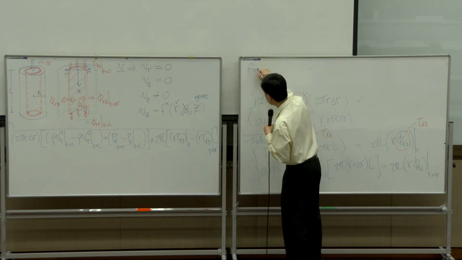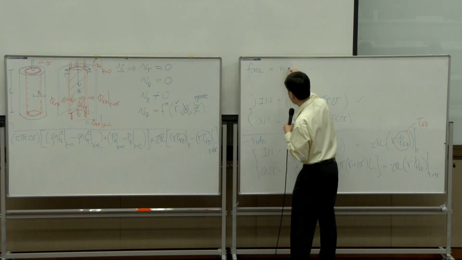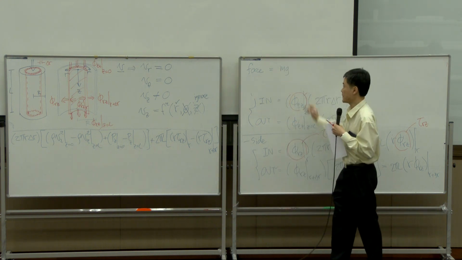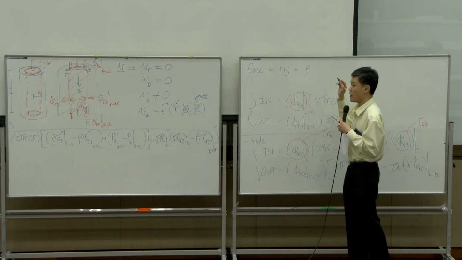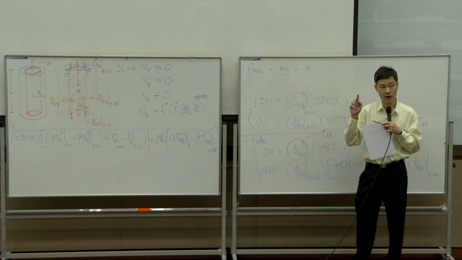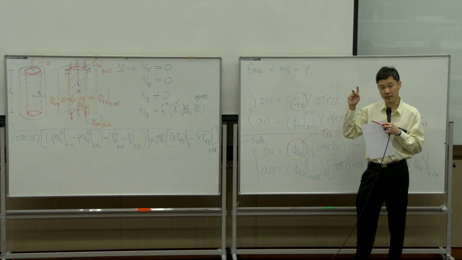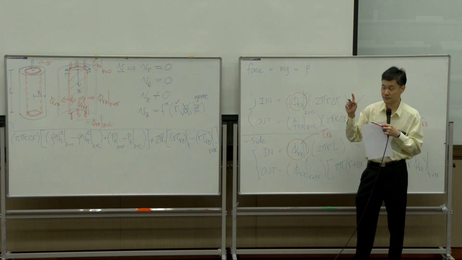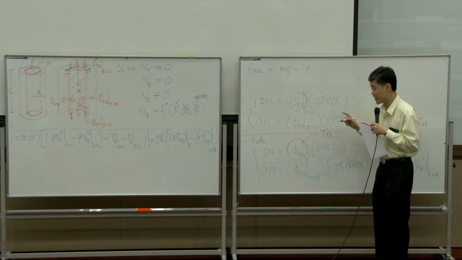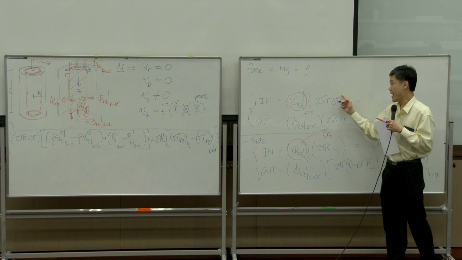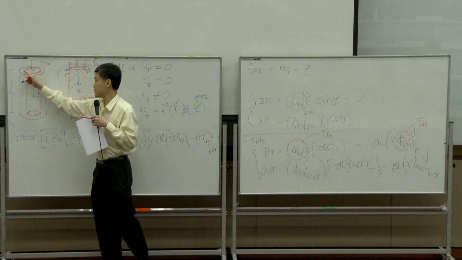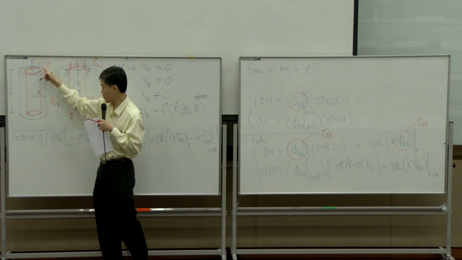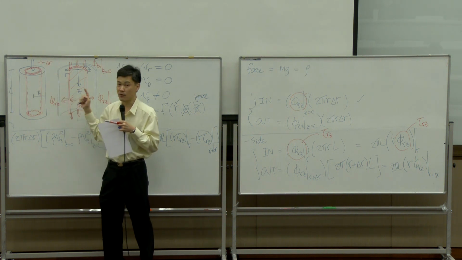So my force now should equal mg, and mass is basically density times volume. Volume must be the volume of the shell because we are balancing around the shell. Volume of the shell, you can use the area, which is highlighted here. This is the top area. If you multiply by the length, you get the volume of the shell, right?